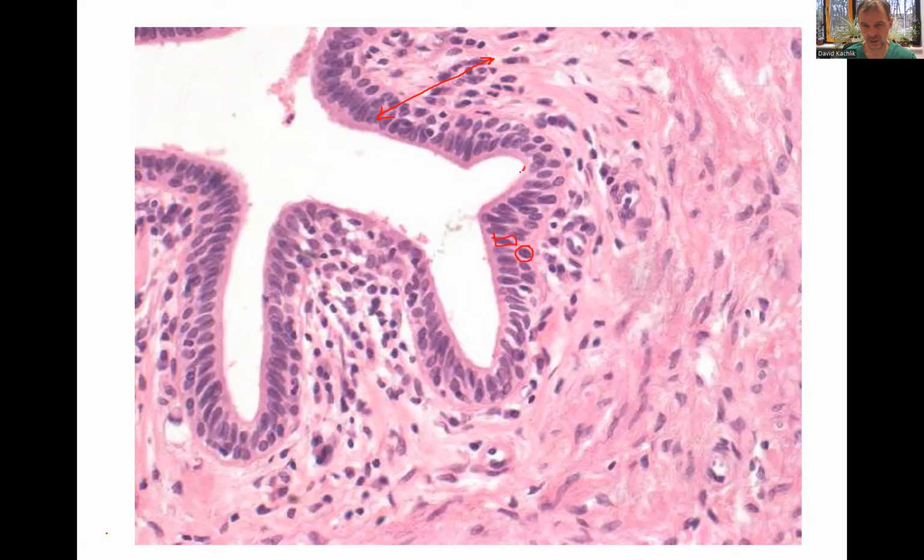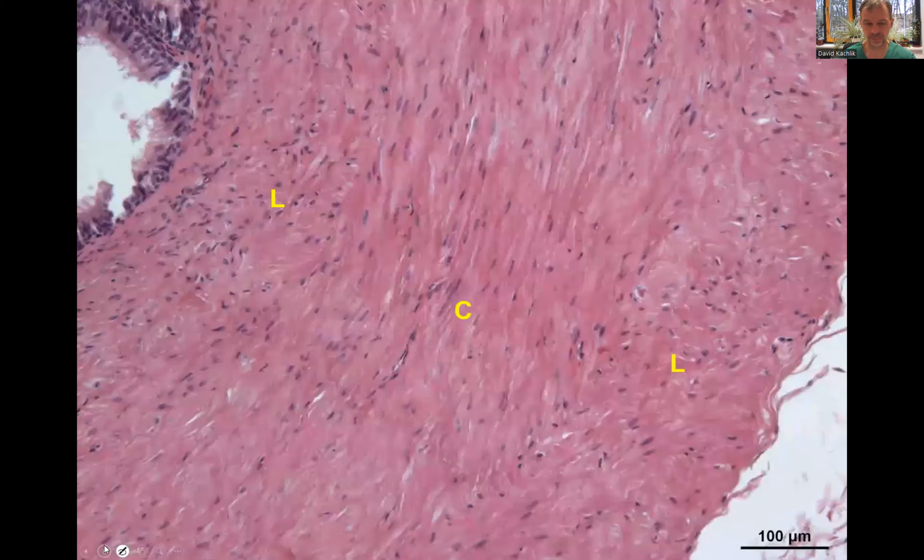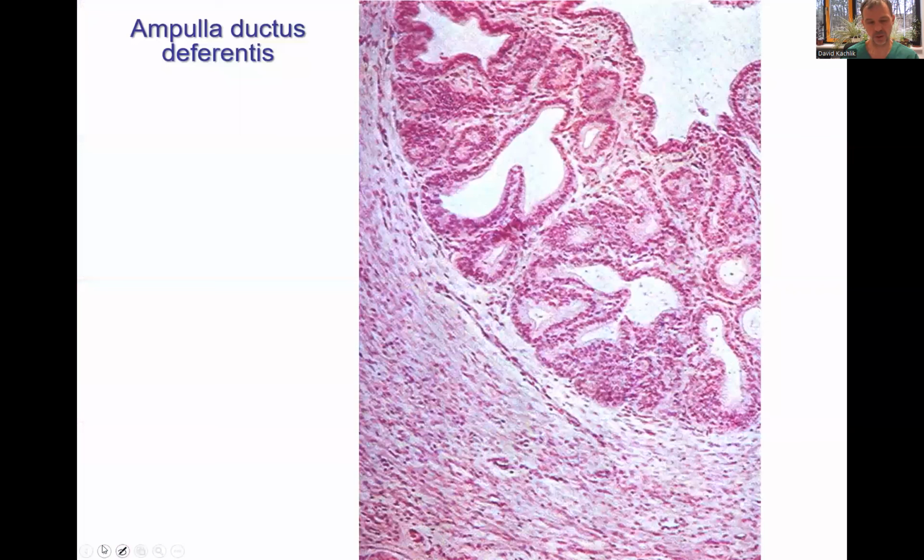Yeah, the stereocilia are not well visible. So this is a pseudostratified columnar epithelium with stereocilia. And here again, nice columnar cells, nice basal cells and the columnar cells here. And stereocilia can be visible in this higher magnification. And the last view of the 3 layers of the smooth muscles of ductus deferens.